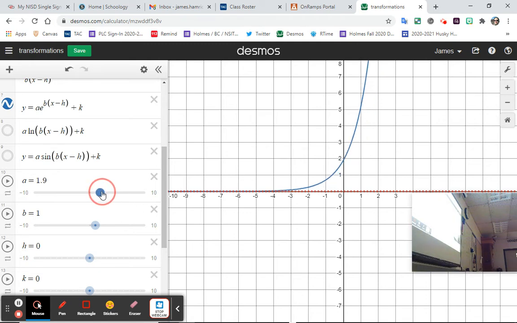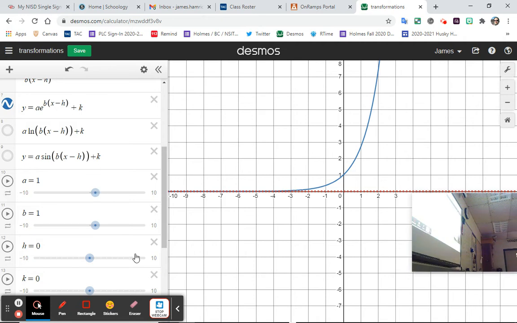So you see now it's 2, now it goes to 3. So it's that vertical stretch. The actual shape of the graph is changing because it's getting steeper and steeper. If it goes less than 1, it's getting compressed, so it's a vertical compression. And of course, if it's negative, it'll be reflected across the x-axis, just like we've noted for the different functions.